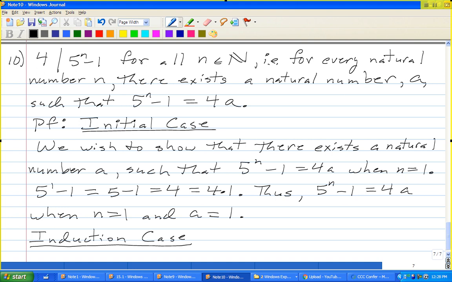I then want to show that that implies that there exists some natural number b, or capital A, such that 5^(k+1) minus 1 is equal to 4 capital A.